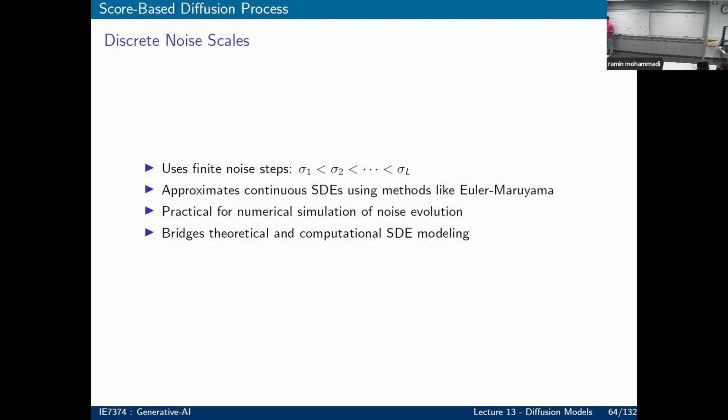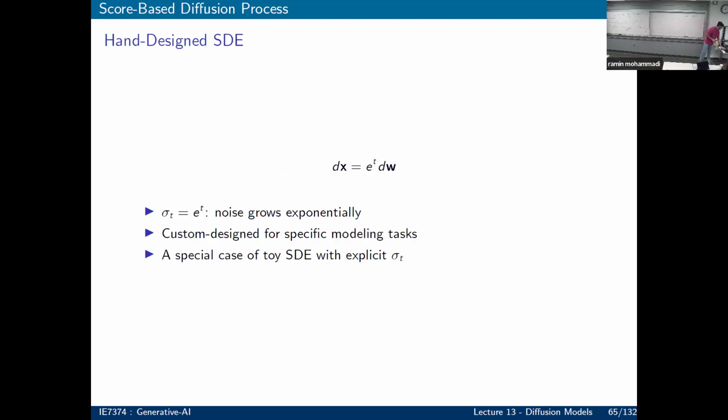The technique that we're going to see is this one, the Euler technique. It helps us discretize the process. The next one is hand-designed, just an example like the papers out there. You will see that this is totally hand designed. There are a series of properties that you need to keep in mind, but you can define your own version, as long as it's a stochastic SDE.